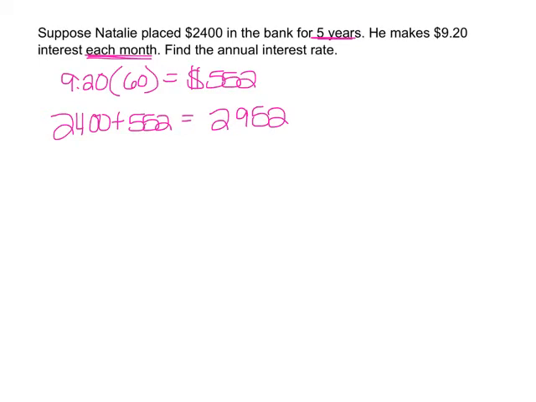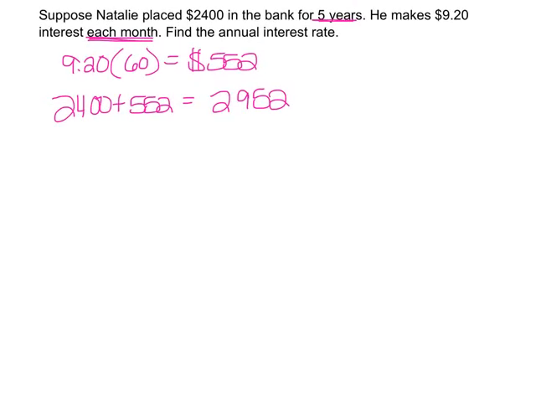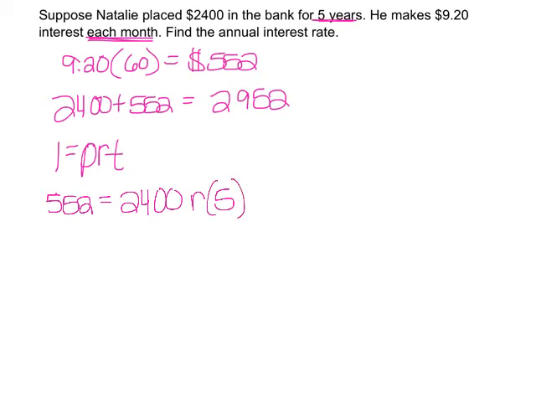To find my annual interest, I'm going to do that I equals P times R times T, so my interest was $552 equals my principal times my rate times my years. So I have 5.